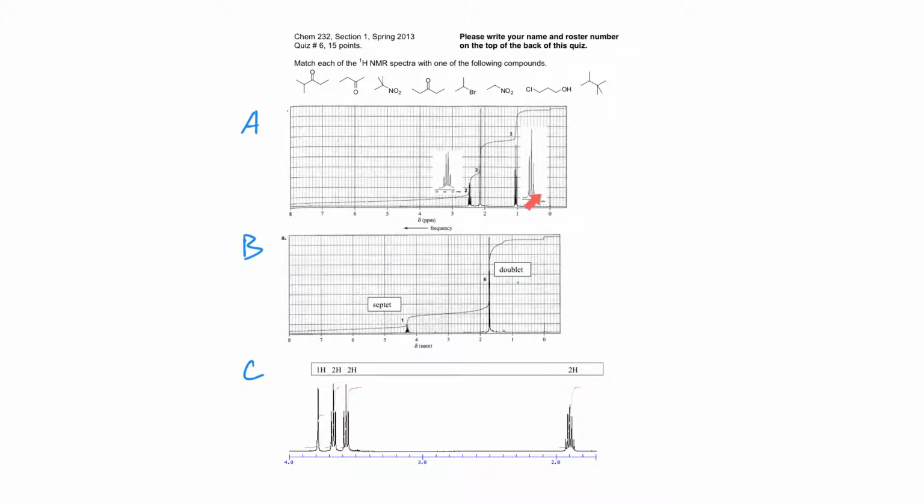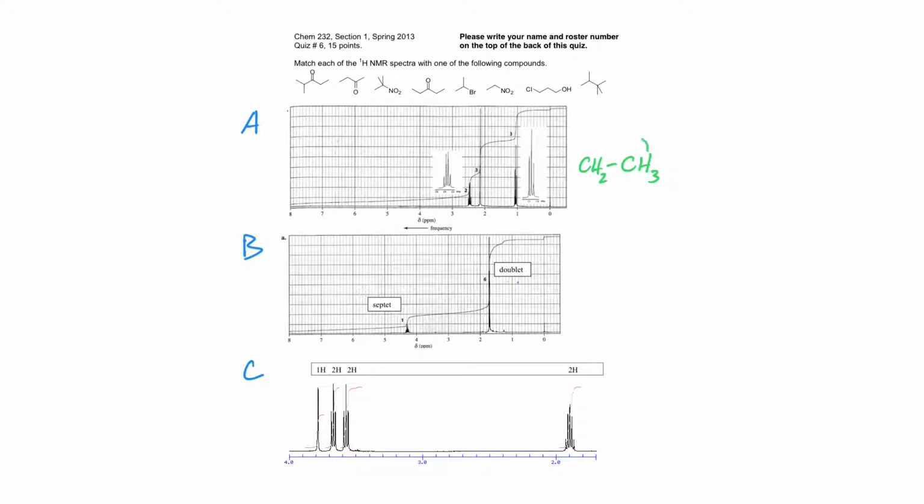We see that there are 3 signals here, a 3-hydrogen triplet, a 3-hydrogen singlet, and a 2-hydrogen quartet. And you can see that some of the signals have been blown up so that we can more clearly see their splitting pattern. And we know that the 3-hydrogen triplet is a methyl group, and because it's a triplet, we know it's attached to 2 other hydrogens.